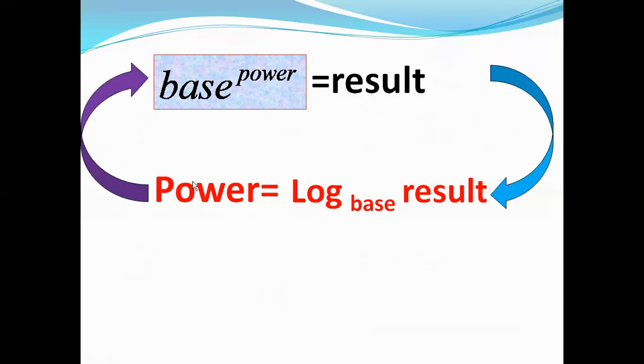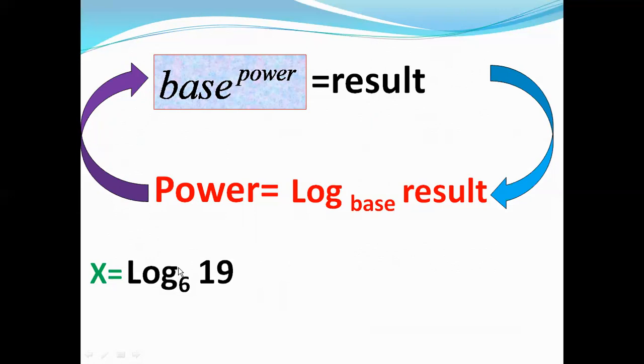Now we have to convert in the other direction. If a logarithmic form is given, we have to convert it into exponential form. I take one more example: x is equal to log 19 base 6. This is logarithmic form. I have to convert this into exponential form.